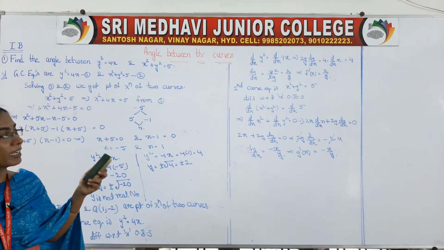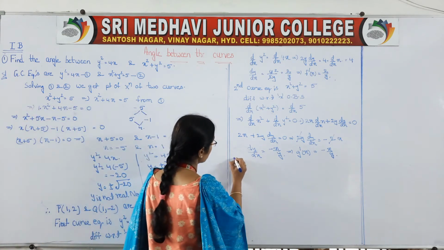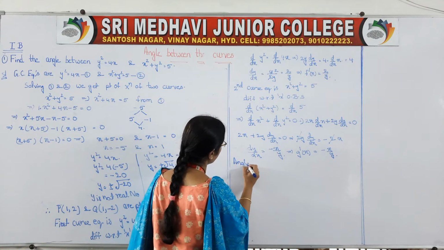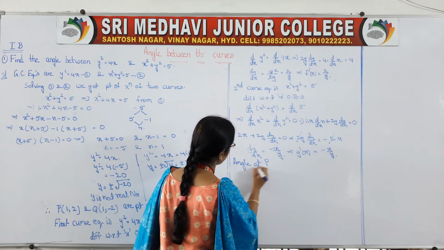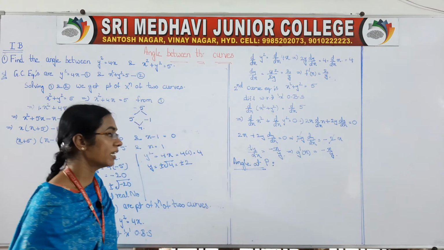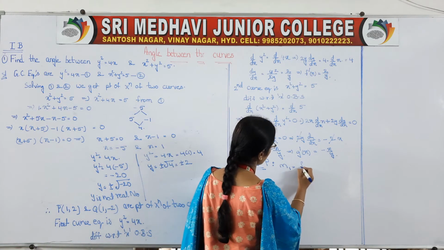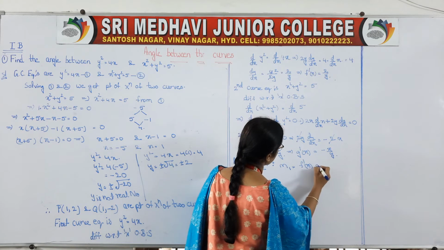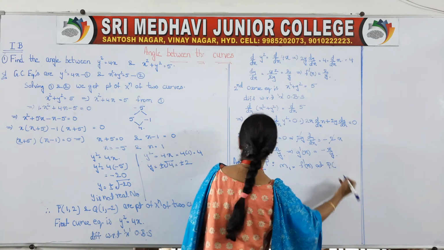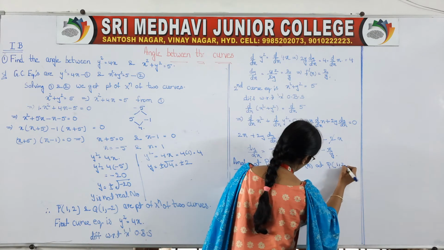Now we will find angle at P and angle at Q. Okay, so you take angle at P. So angle at P, how we have to find? First we have to take M1. M1 is equal to f dash x at P point. What is your P point? 1 comma 2.